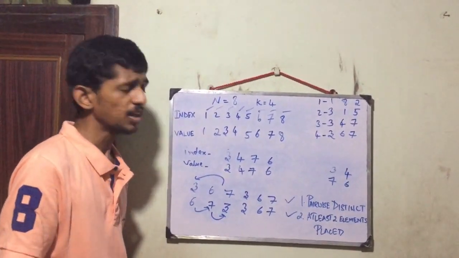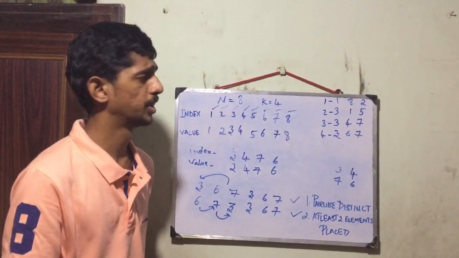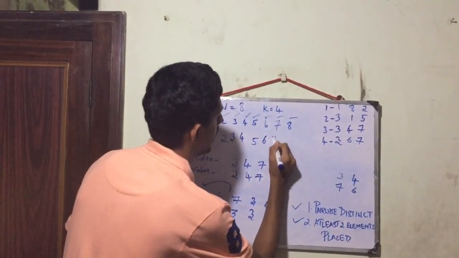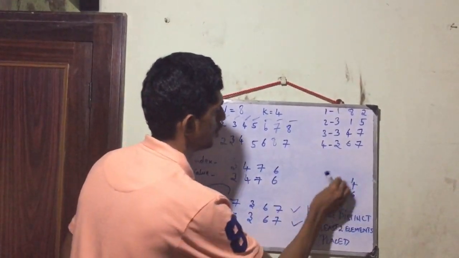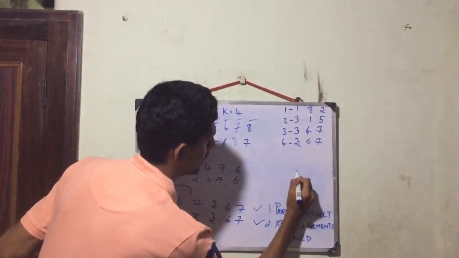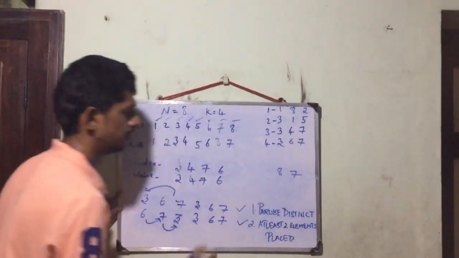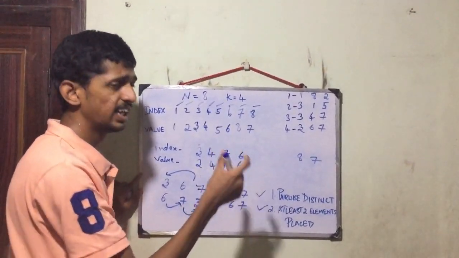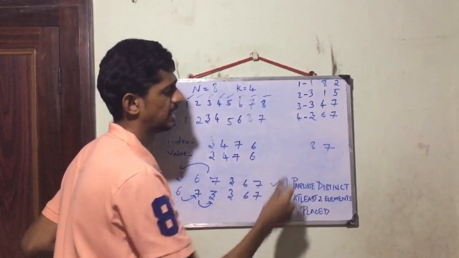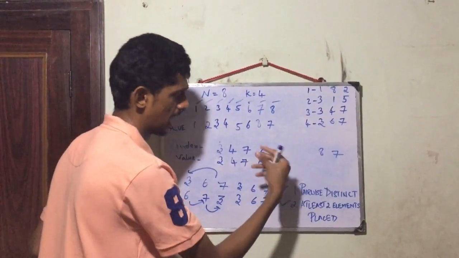And then let's talk about the -1 case. For example, if we have like this 8 and 7 at the last, so what will happen is 8 and 7 will get swapped, but we need another pair to sort that 8 and 7, but we don't have any pair.